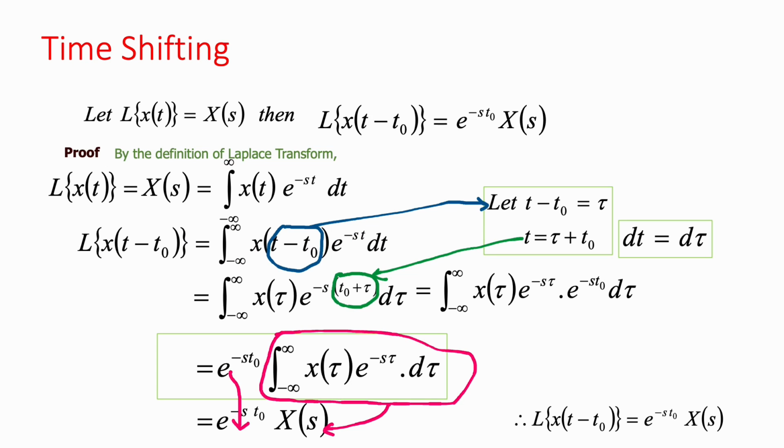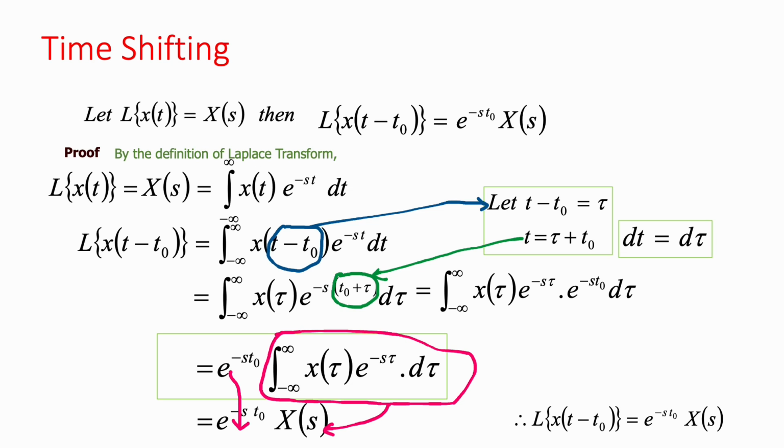The next property is time shifting. Let the Laplace transform of x of t be equal to x of s. Then the Laplace transform of x of t minus t naught, this is the time shift, is equal to e power minus s t naught x of s.